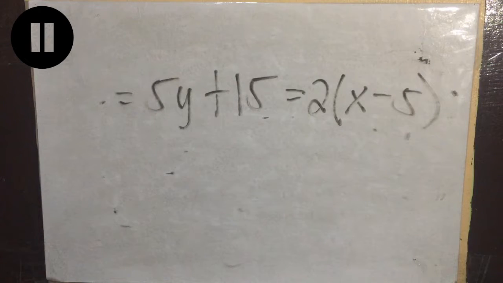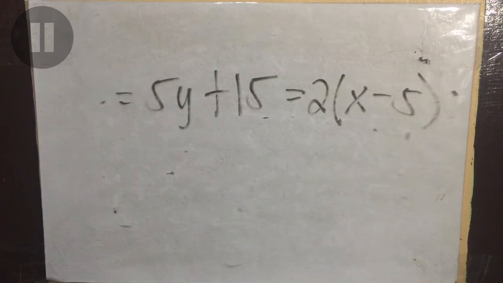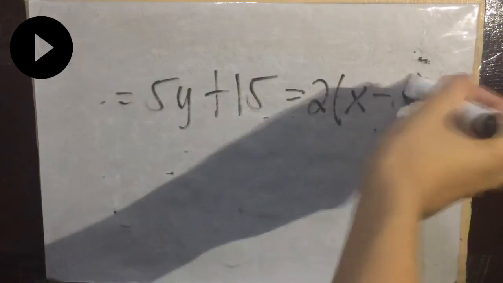Distribute 2 to x minus 5, and our answer would be 5y plus 15 is equal to 2x minus 10.